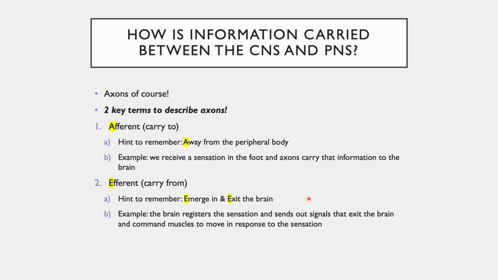We're going to be utilizing these two terms a lot, so make sure you know that afferent axons are going to be carrying information to the brain, away from the body, whereas efferent axons on neurons are going to emerge in the brain and exit the brain to send information such as motor muscle commands down to the periphery of the body.